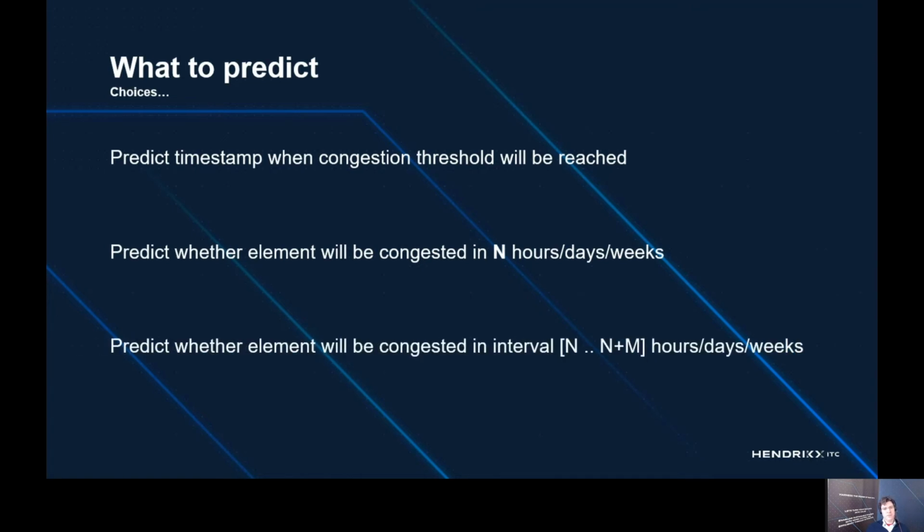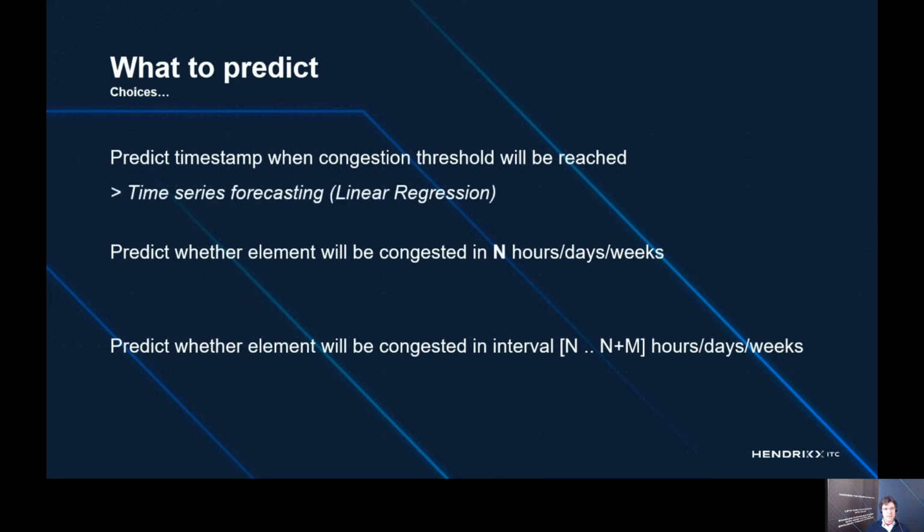And also you can put the question the other way around and say, okay, when is an element congested, not in n hours or days or weeks, but when is it congested in a certain interval? So for example, you could say, I want to predict congestion in 6 hours, and will an element be congested in 6 hours and 4 hours after the 6 hours? So that's an interval. So there are different frames, different ways to look at the issue of congestion.